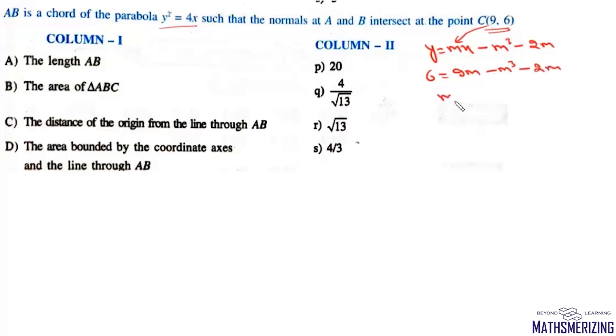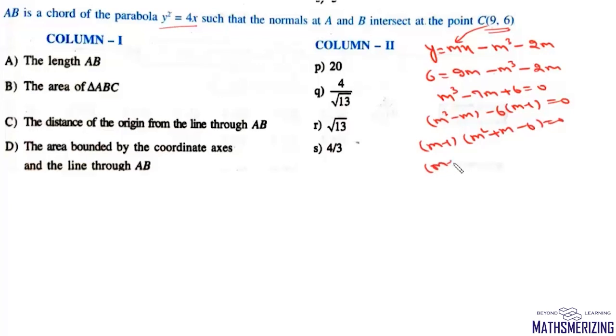So we can write this as m cube minus 7m plus 6 equals 0. So we'll write this as m cube minus m minus 6m minus 1 equals 0. So we can take m minus 1 common, and then we'll get m square plus m minus 6 equals 0.